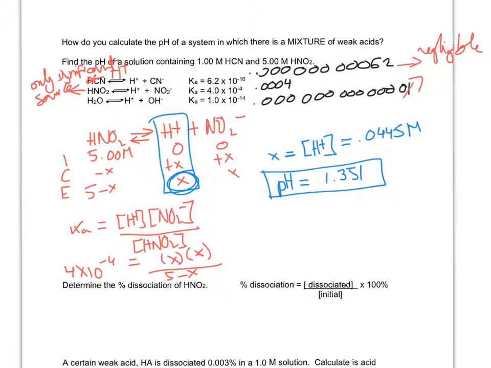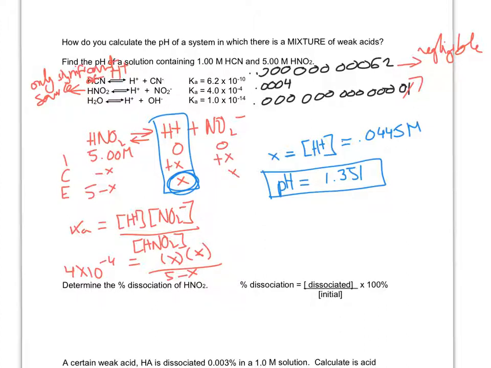If you were to actually calculate how many H pluses come out from here, it's probably going to be something times 10 to the negative 6th or something like that. And so when you add it to this, you're still going to get 0.0445. So the pH would be the same.